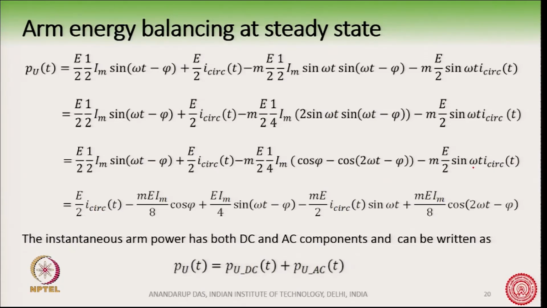We expand all of them, getting all the terms outside their brackets, and we see several terms coming. There are some terms with sin omega t, some terms with cos 2 omega t, and some terms without any omega.